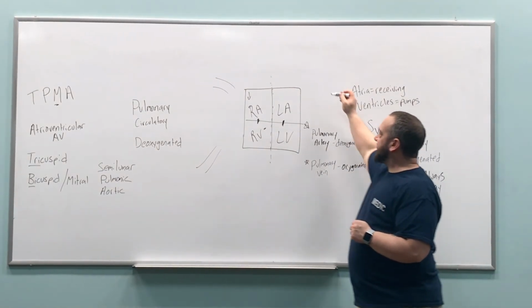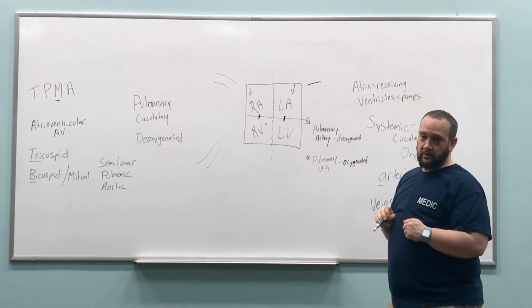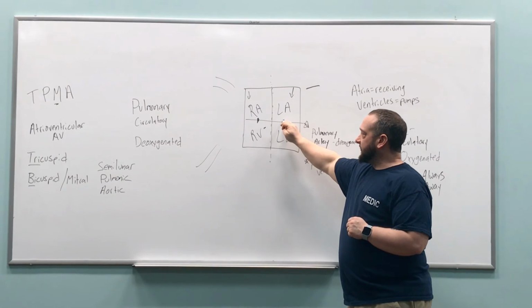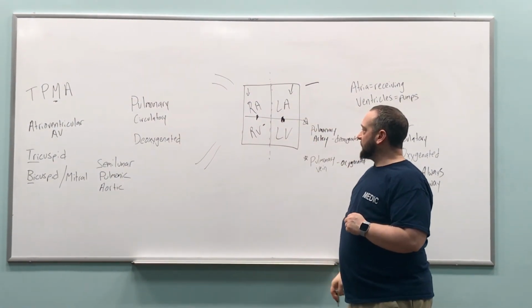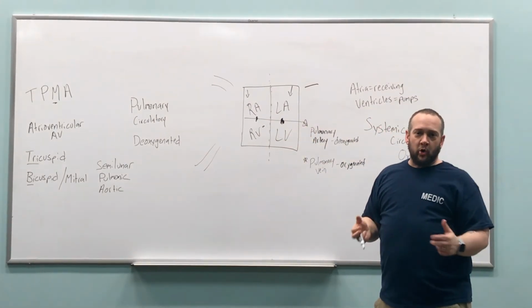So the pulmonary vein dumps into the left atria. Left atria pumps through our mitral or bicuspid, same thing, different names, into our left ventricle, and the left ventricle is what we consider kind of the workhorse of the heart.